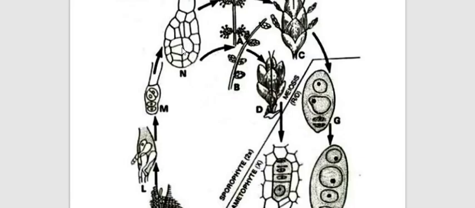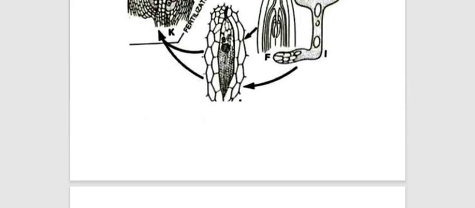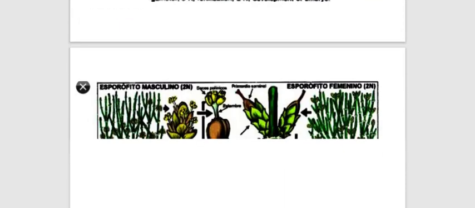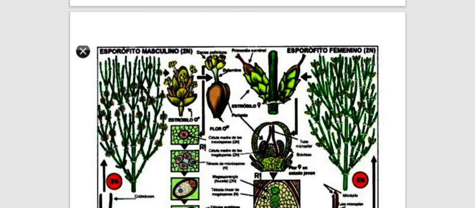Then this embryo is converted into a seed after some changes, and when this seed germinates, it develops male and female sporophytic plants again, and in this way the life cycle of Ephedra is completed. This was the general diagrammatic life cycle of Ephedra. Here in this diagram, the detailed diagrammatic life cycle of Ephedra is shown.